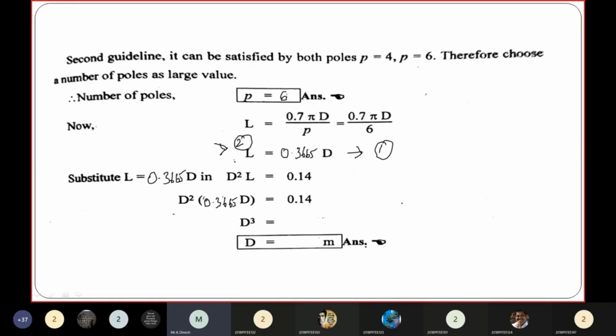While taking the cube root of this value, I am getting 0.3819 as my D cube and 0.725 is my D. Is it correct or not?